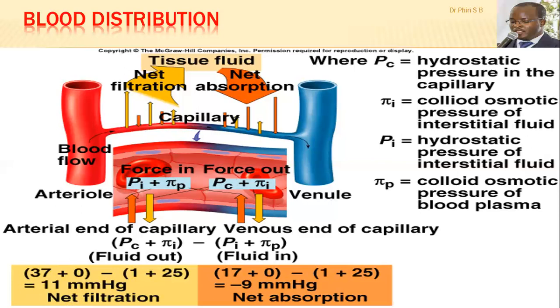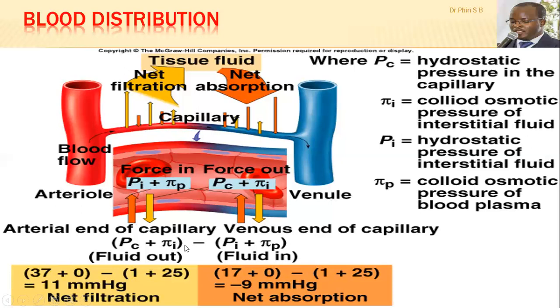What you need to remember here is that not all of the fluid that is filtered from the arterial end of the capillaries is going to be absorbed back into the cardiovascular system. So there will be an excess amount of fluid that remains within the interstitial spaces.